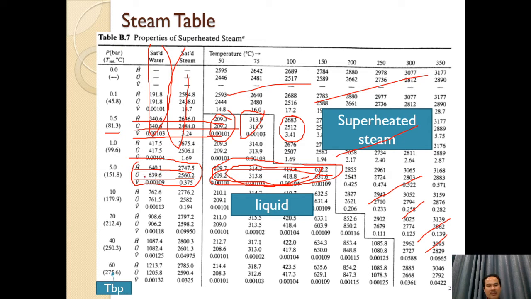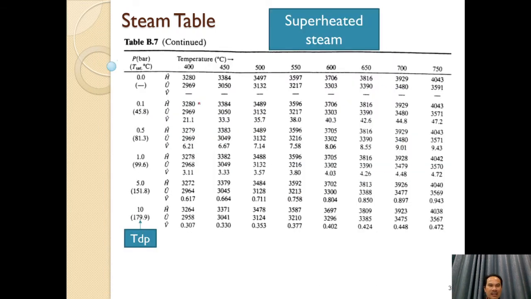For this case, the temperature in the bracket is the boiling point, but at 200, 250, 300, 350, it is superheated. The saturation temperature is the dew point temperature. And the properties H, U, V are given for 200, for 250, and for other higher temperatures.